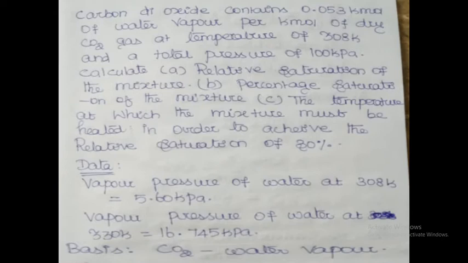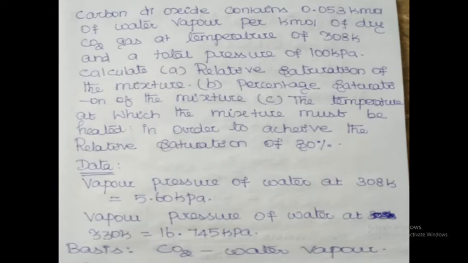So the third one, in order to achieve the relative saturation or percentage RH 30%, what is the temperature at which the mixture must be heated? So the percentage RH is equal to 30% means what is the mixture heating temperature? We want to calculate the mixture heating temperature value when the percentage RH is equal to 30%. Are you clear or not?